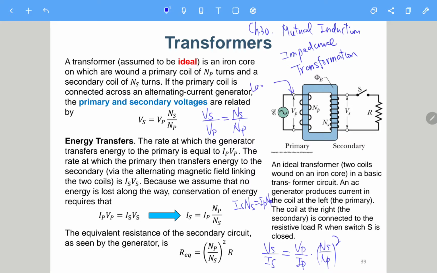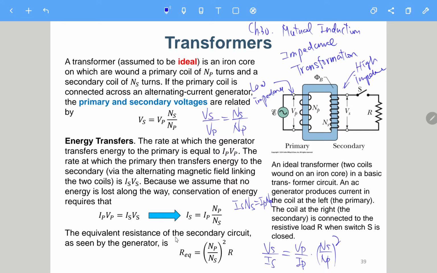This is low impedance, and this is high impedance. So we can use the transformer to convert the impedance from the primary coil to the secondary coil.